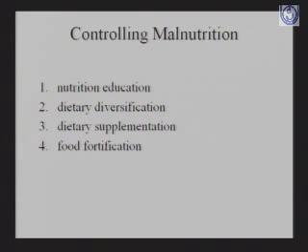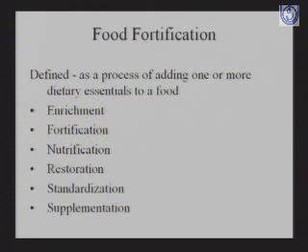Similarly, dietary diversification, dietary supplementation and food fortification. These 4 different aspects can help in controlling malnutrition, either by education, by diversification of the diet, by supplementing diets which lack certain nutrients, or by food fortification.